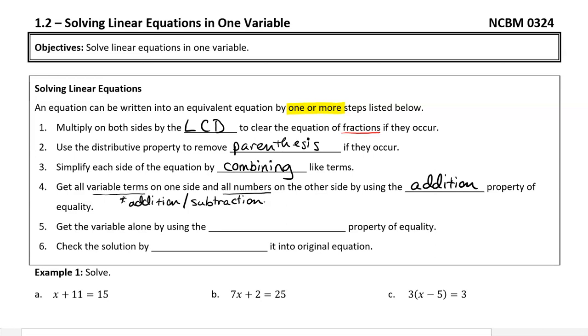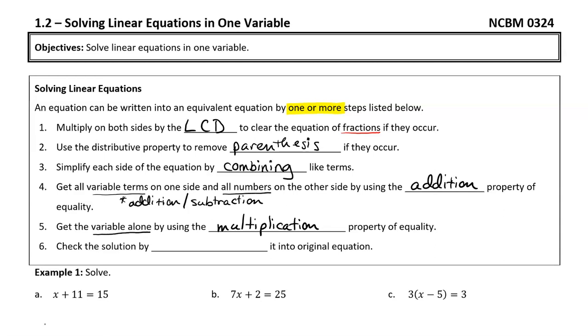Now, how are we going to get that variable by itself? We're going to get the variable alone by using another property, the multiplication property of equality, which is very similar to the addition one that we saw in step 4.